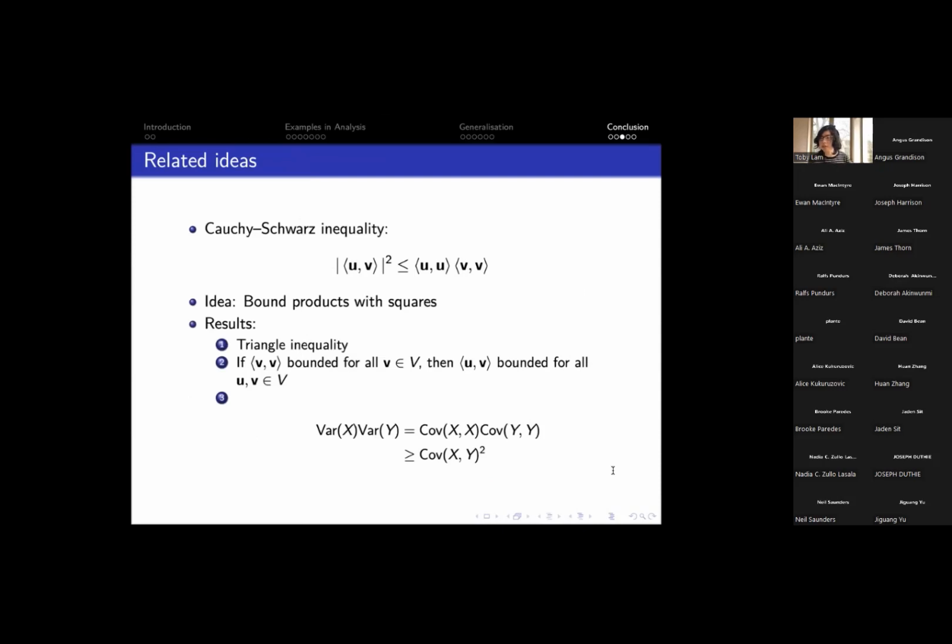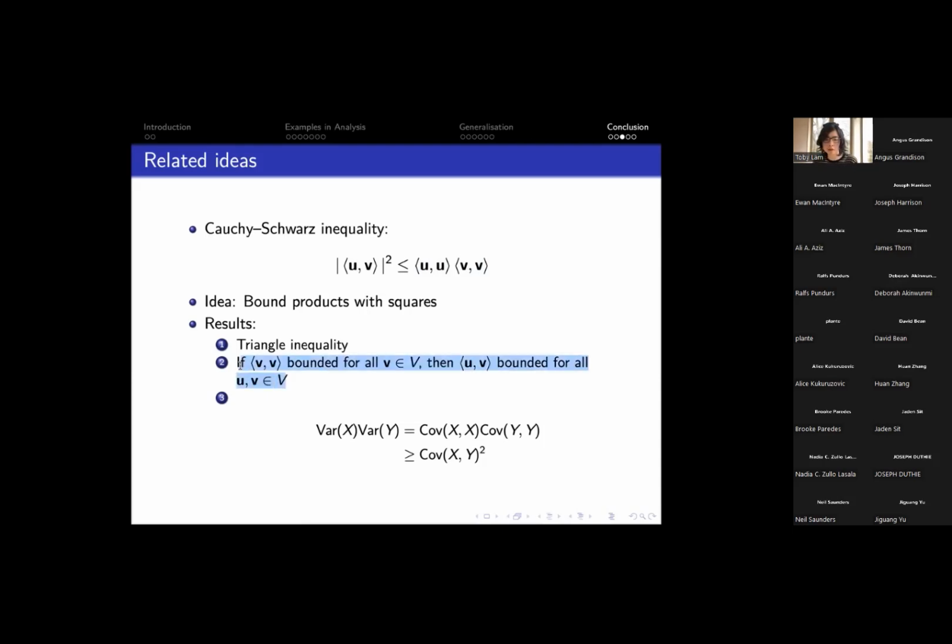So again, this idea also appears, more generally, in the Cauchy-Schwarz inequality. The way I like to think about it is that the product is bounded by squares, and that's really what it's saying. And the Cauchy-Schwarz inequality is so good that it deserves a talk on its own. You can deduce the triangle inequality with it. You can deduce this rather abstract statement, but if you know a little bit about integration, I think it would be important in functional analysis, or in analysis in general, where you do care about whether something is bounded or not.